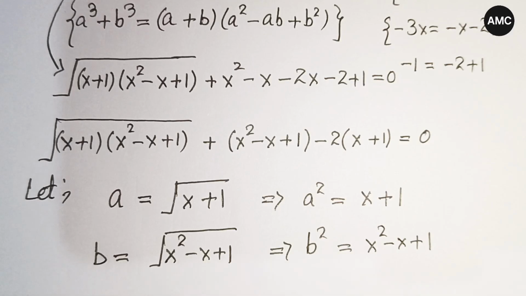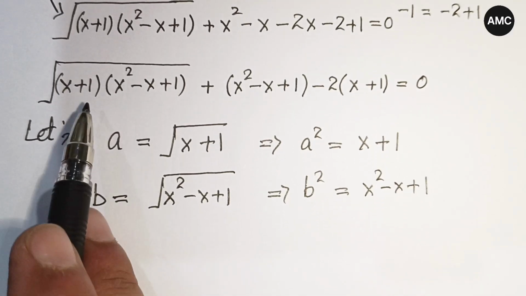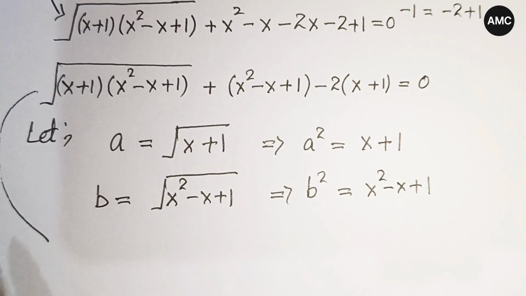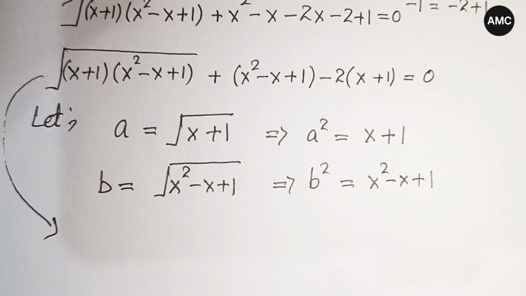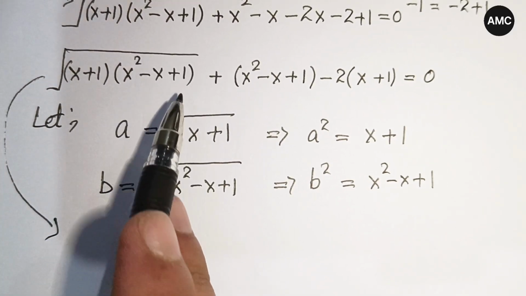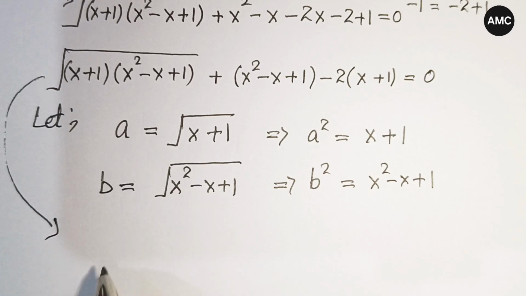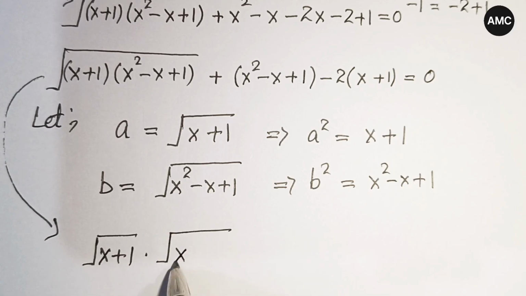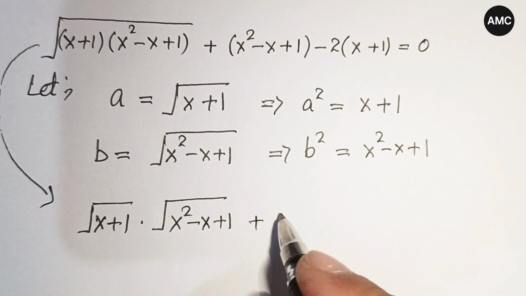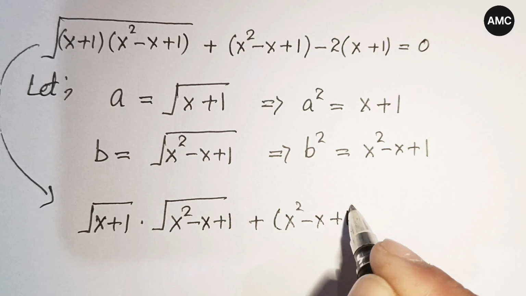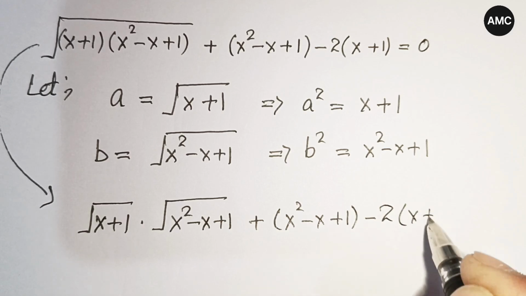Now putting all these values in this step, we have the square root of x plus 1 times the square root of x squared minus x plus 1. As we know that the square root of x plus 1 is equal to a, we write this step as the square root of x plus 1 times the square root of x squared minus x plus 1, plus x squared minus x plus 1, minus 2 times x plus 1.